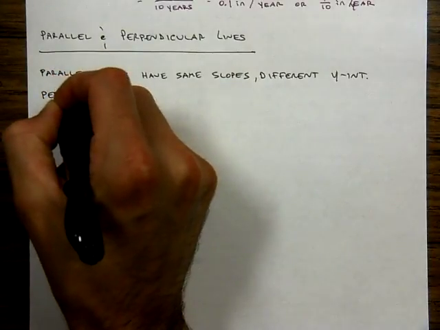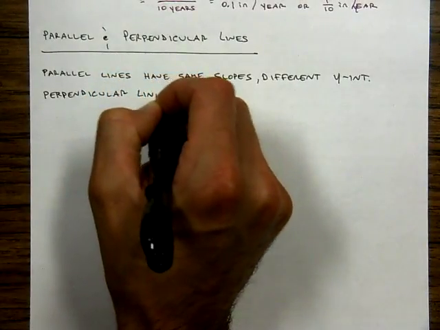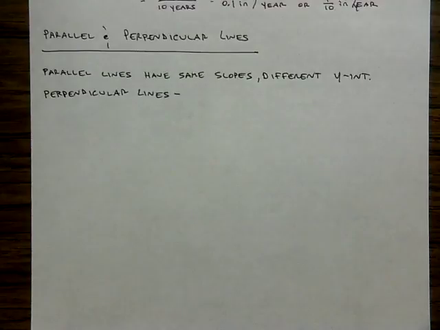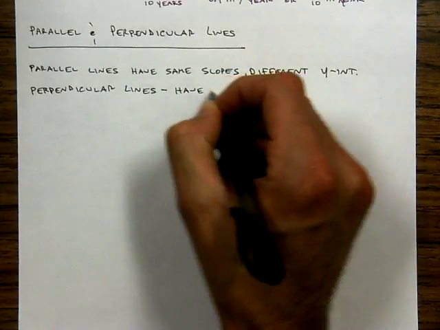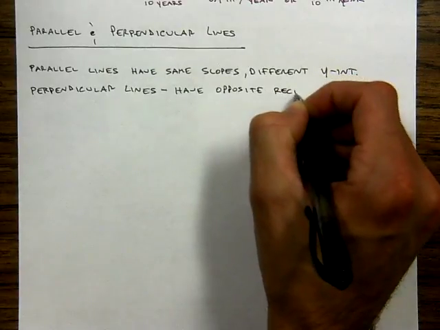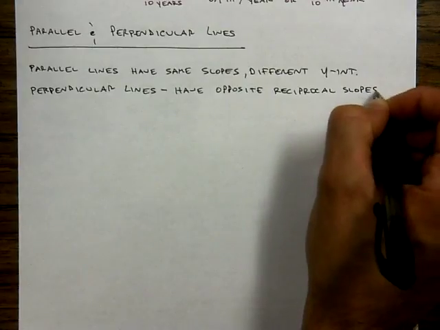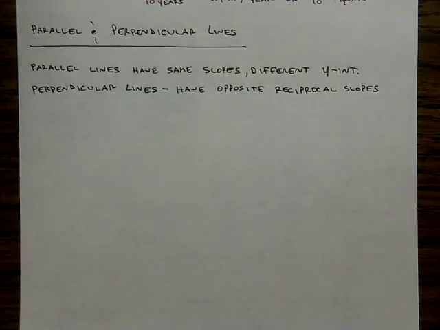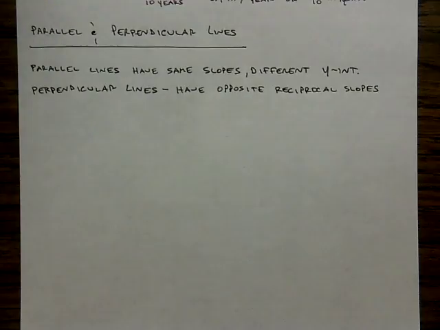So we must say both of those things. For perpendicular lines, maybe you remember, maybe you don't from Algebra 1, but perpendicular lines have opposite reciprocal slopes. Now, what frustrates me to no end is that students will always get these two things mixed up and think that they are the same word.